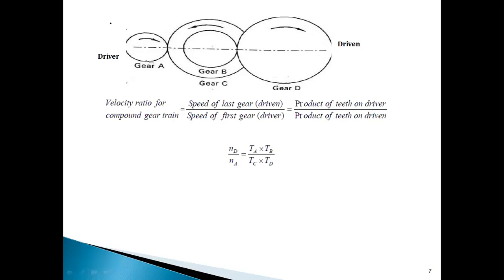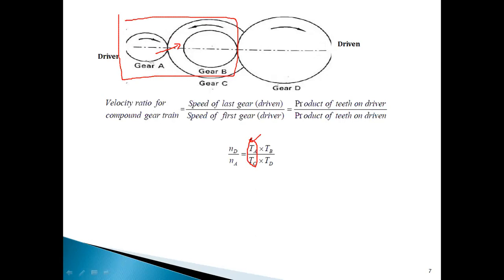Once I analyze these two gears, gear A and gear C, gear A is driving gear C, which means A becomes the driver and gear C becomes the driven. That is, TA is the driver here. For this assembly, we get TA by TC. This we already know.